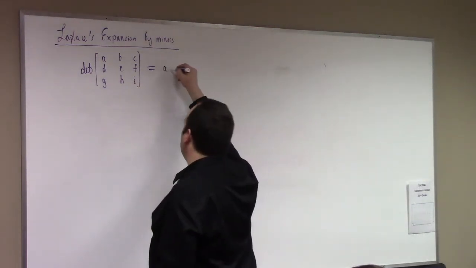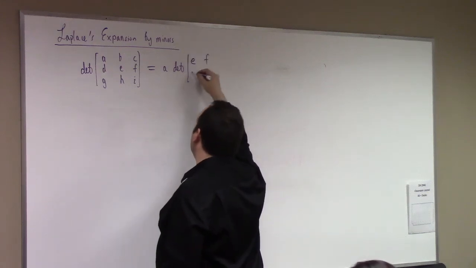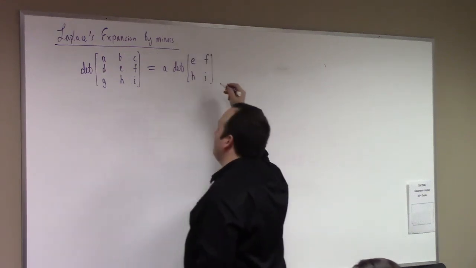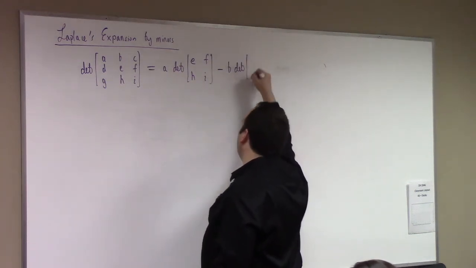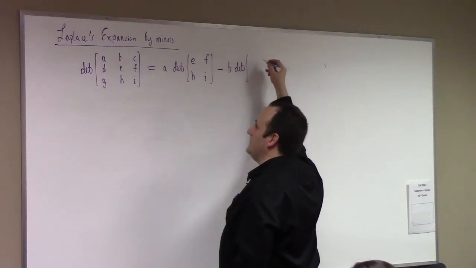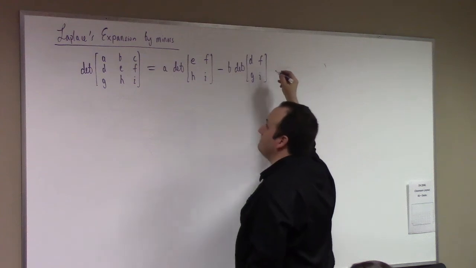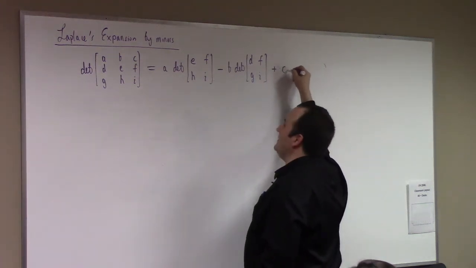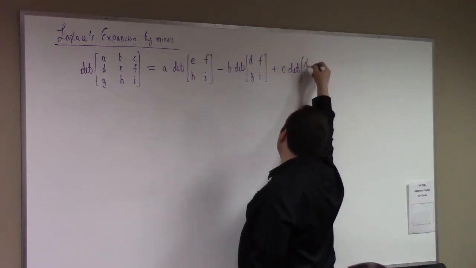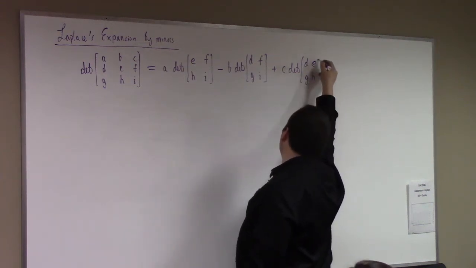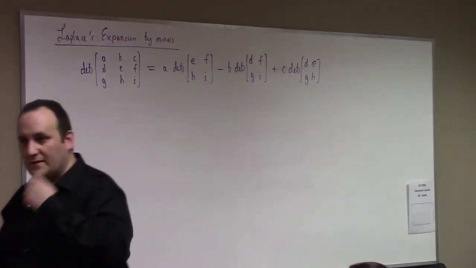So it's A times the determinant of E, F, H, I, minus B times the determinant of D, F, G, I, plus C times the determinant of D, E, G, H. But you know how to do the determinant of 2 by 2s, right?